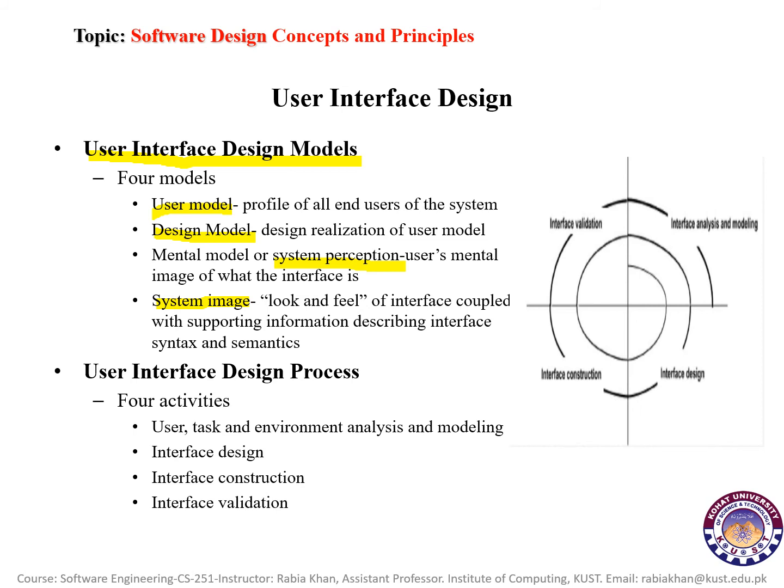So you have to convert the user model into reality within the system image. These four types of models are actually abstractions of what the user is doing or thinks he is doing, or what somebody else thinks he ought to be doing when he uses an interface system. So these four models are on the basis of the user's perception about what he is going to do with the application.